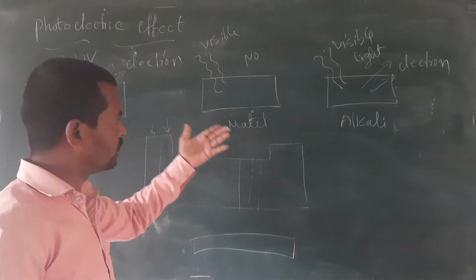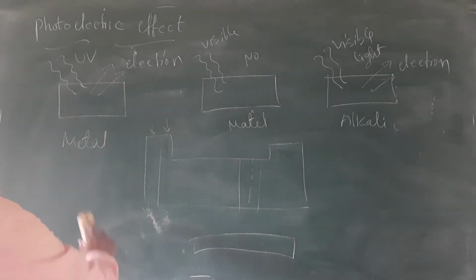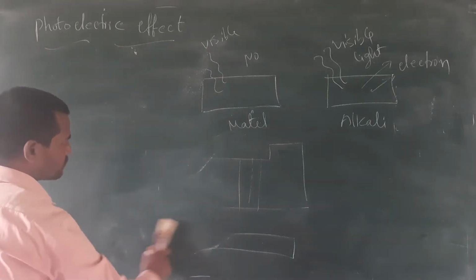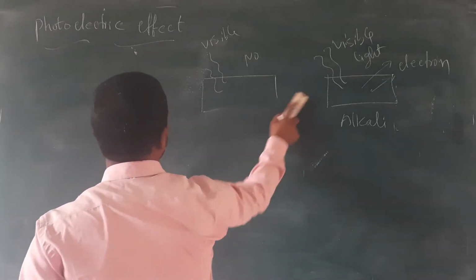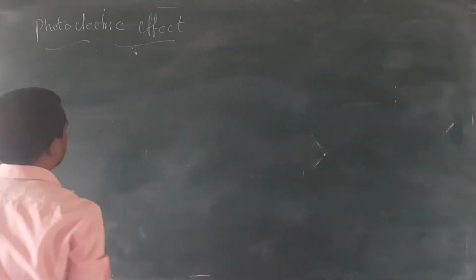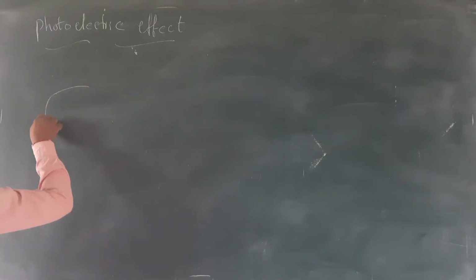The most important diagram in the photoelectric effect is this one. It is a glass tube.